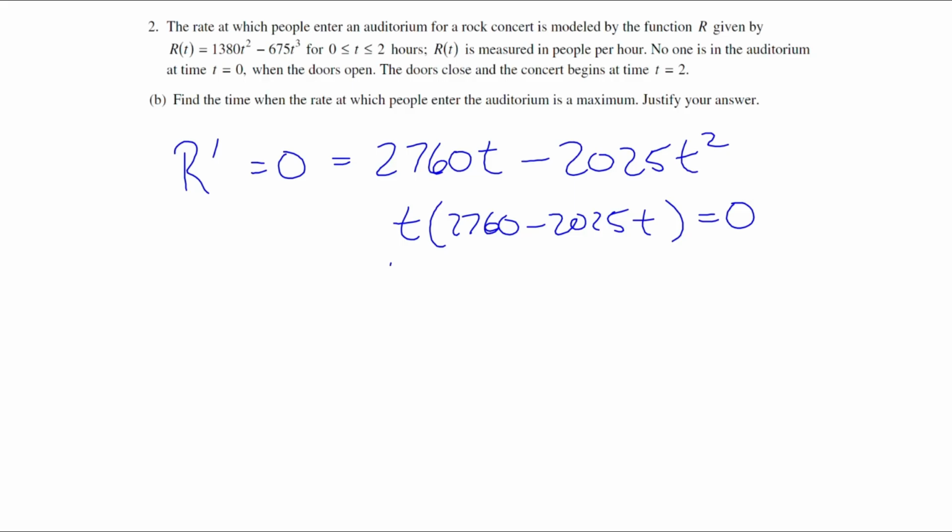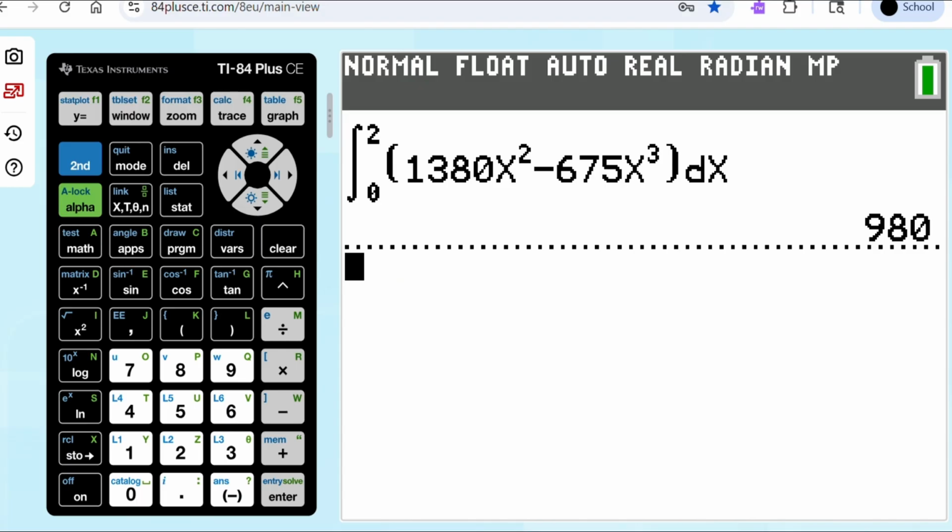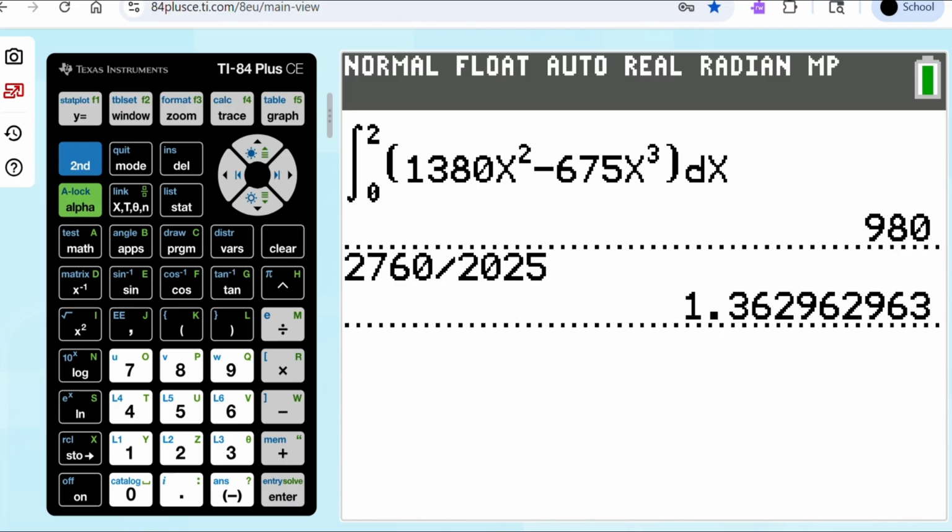But we just end up getting t equals 0, which is one of our endpoints, and we end up getting t is equal to 2,760 divided by 2,025. I'm just going to use my calculator here to see what that comes out to be. 1.36296.